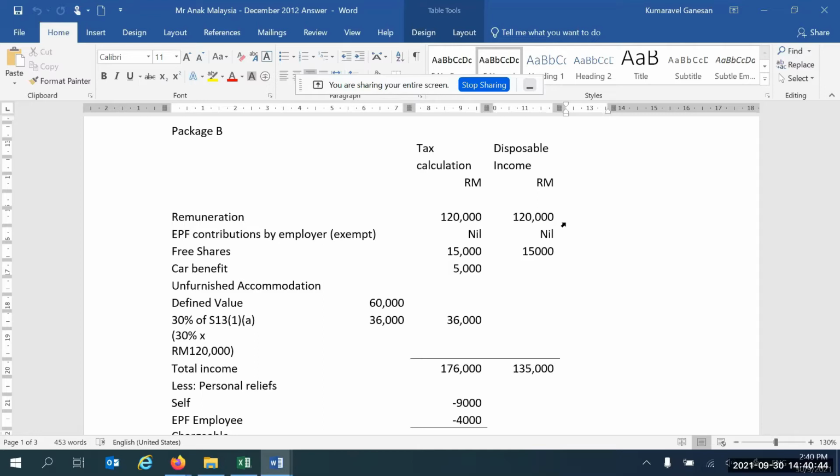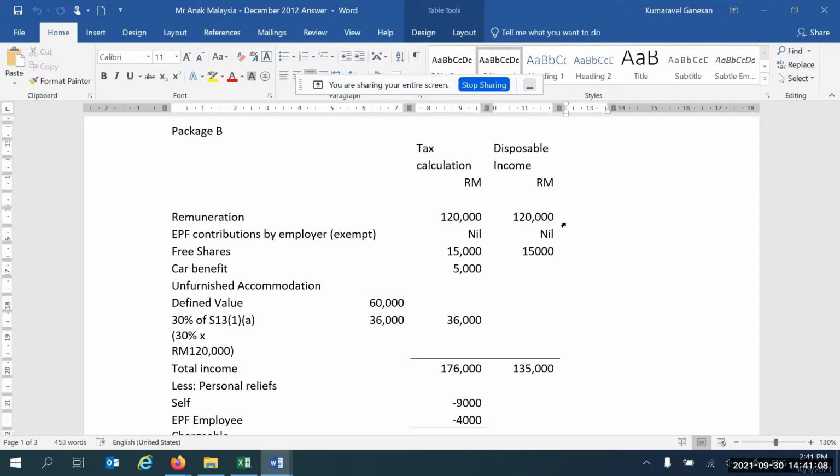Now you see, I don't even need to subtitle 13(1)(a). They're not really interested. They just want you to show what is taxable, what is not. But please follow the order. Put the free shares before the car. You cannot put it after, because A must be before B.